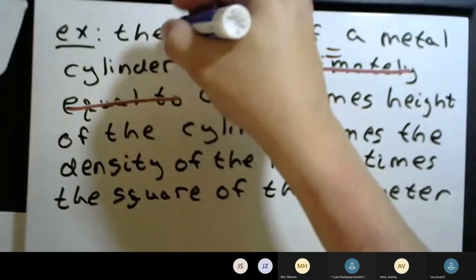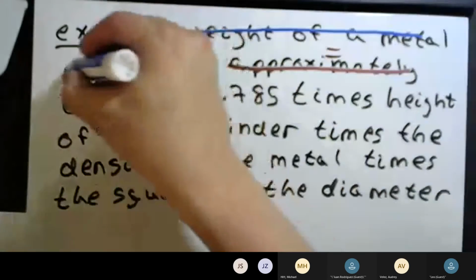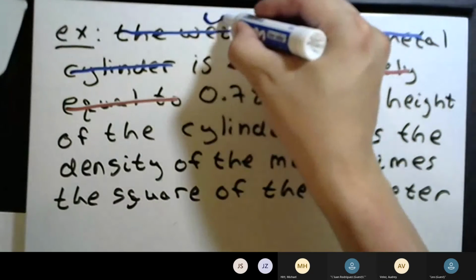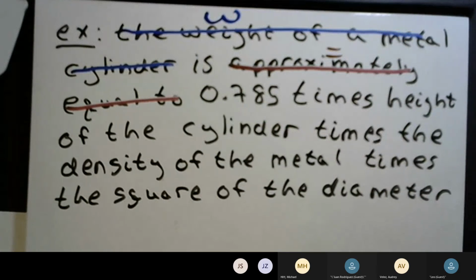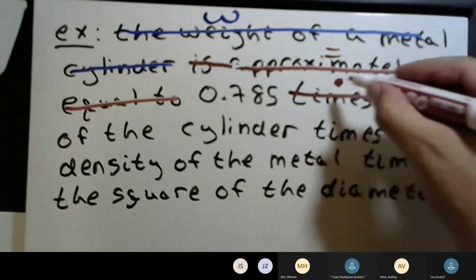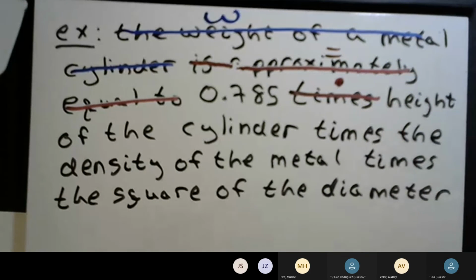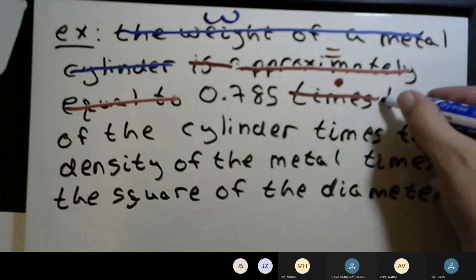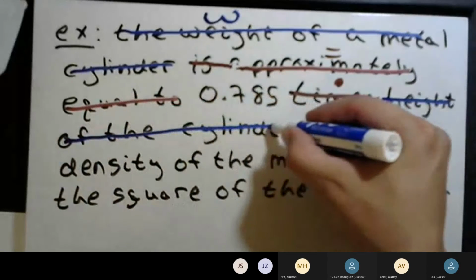So weight of the metal cylinder, let's call it W. Oh, and there's the is. Let me cross out the is. That's part of the equal sign there. Now, times, that's multiplication. Got a dot. Height of the cylinder. Let's just trim this down.